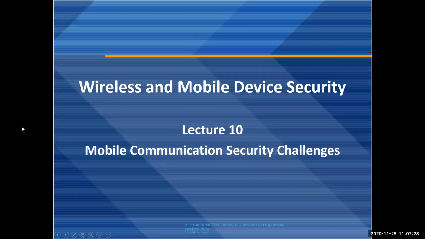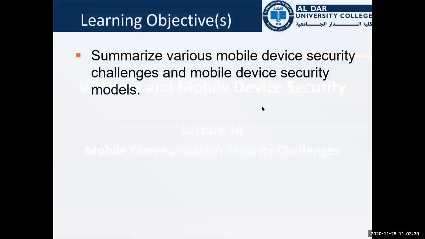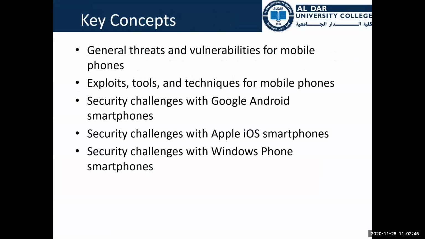So together we are going to, inshallah, start our lecture today, lecture 10, about mobile communication security challenges. Today we are going to cover three types of operating systems. The first is Android.